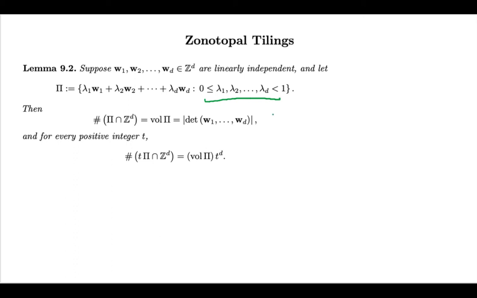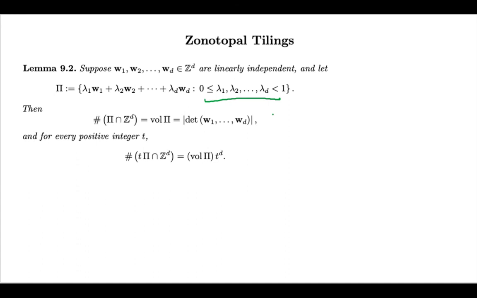I can switch the inequalities for each index. Then the number of integer points in this parallelepiped is equal to the volume. And from your linear algebra class, I hope you remember the volume of a parallelepiped is given by the determinant of a square matrix formed by the generators. I have to take the absolute value of the determinant.